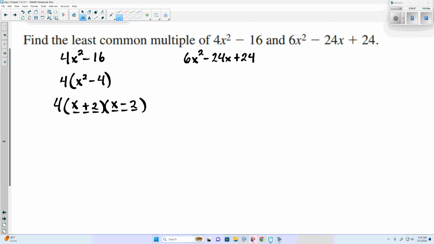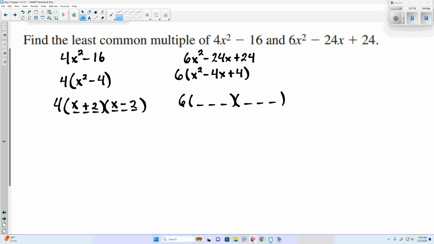6x squared minus 24x plus 24. Greatest common factor of 6. And if we factored it out, we get 6 times x squared minus 4x plus 4. X squared minus 4x plus 4 is factorable.